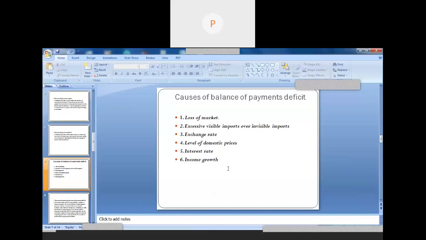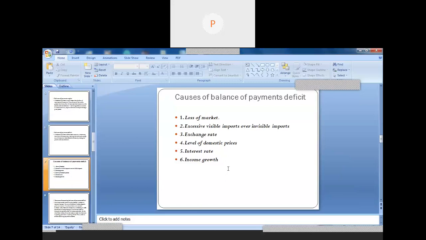Next point I've written is income growth. If you see that the nation's income is increasing, obviously your demand for imported commodities is going to be high. An increase in the national income will usually cause increased demand for imports. This will affect the balance of payment adversely.